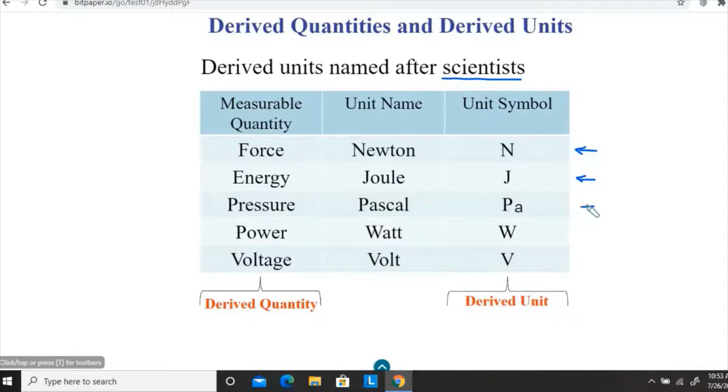This is the SI unit symbol. Power, watts. Then voltage is measured in volts. These are again derived quantities derived from the 7 base quantities, and these are named after certain scientists. So this is the second type of derived units.